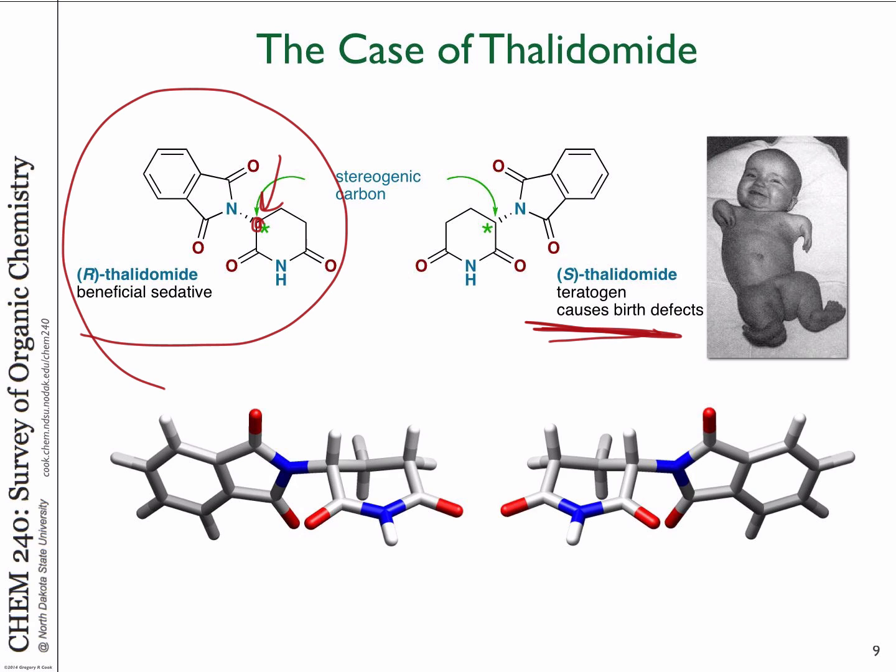But because of this, it's been mandated now that any drug that's developed that has chirality, that's a chiral drug, has to at least be prepared separately, purified separately, and tested separately to know the actual properties of each isomer. And it can't be sold as a mixture of isomers unless it's been proven that both isomers are safe.